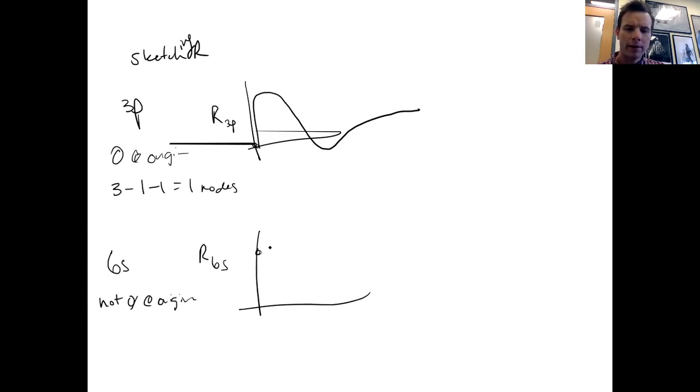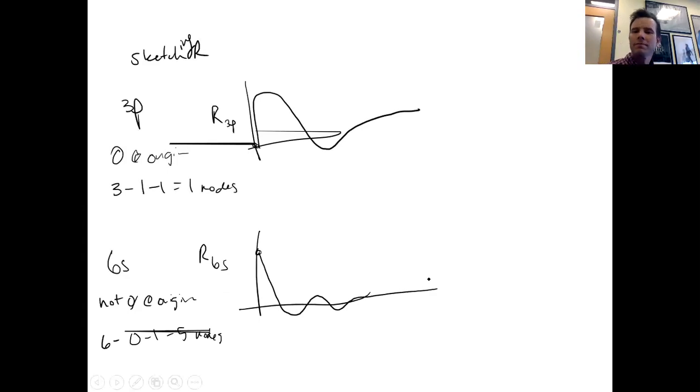It's going to start up here, and then it is going to have 6 minus 0 minus 1 equals 5 nodes. 1, 2, 3, 4, 5, right? And it'll look like that. You should be able to sketch radial wave functions, right? And you can impress all of your friends at the next COVID safe gathering.